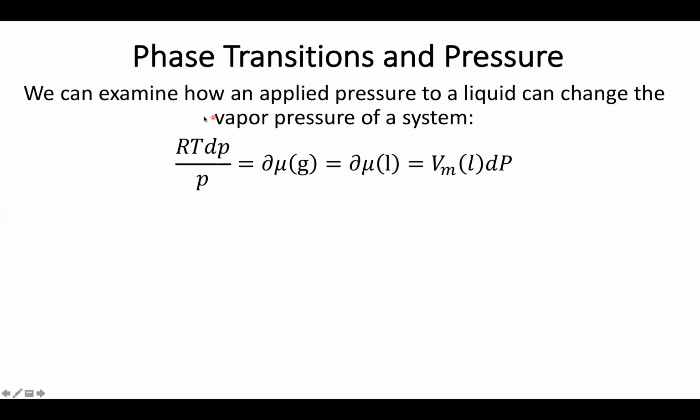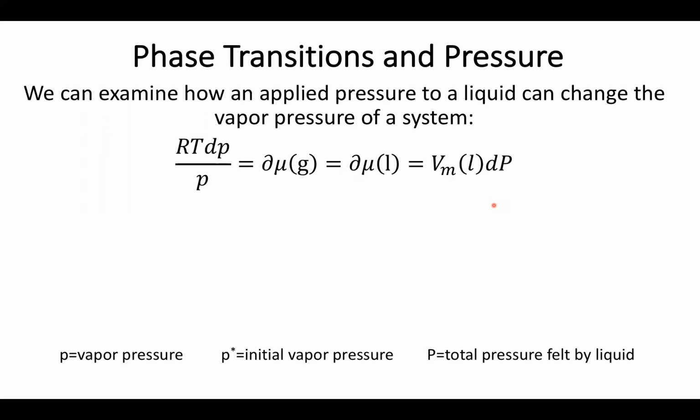And so the chemical potential of the gas is going to vary as RT dP over P, the partial pressure of the system. And the chemical potential of the liquid is going to be the much more traditional molar volume of the liquid times the change in the applied pressure.